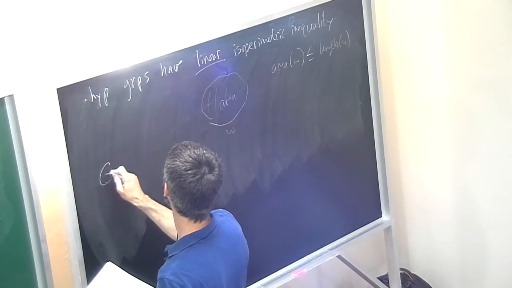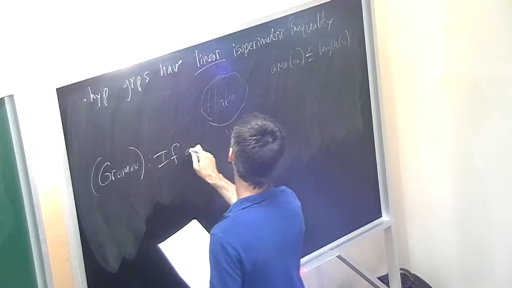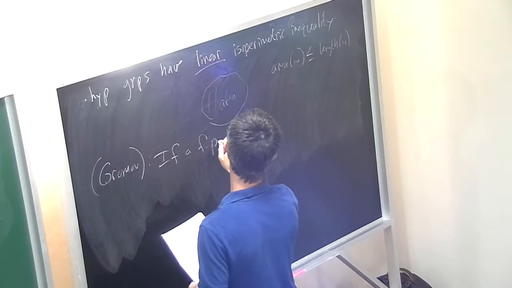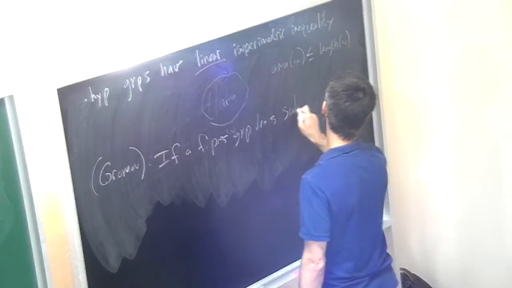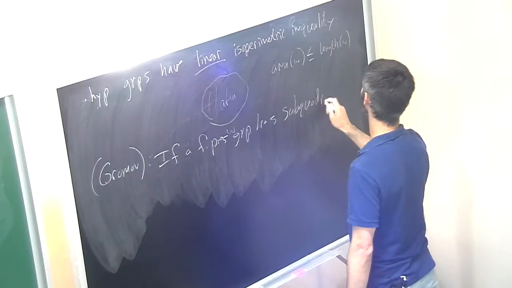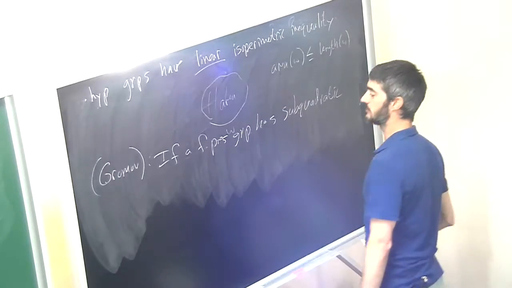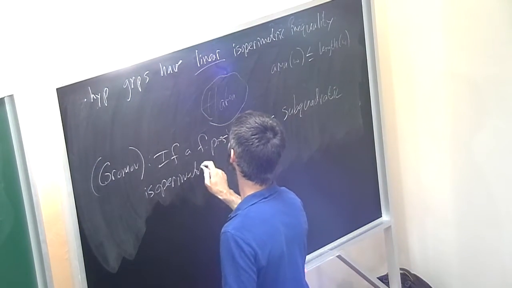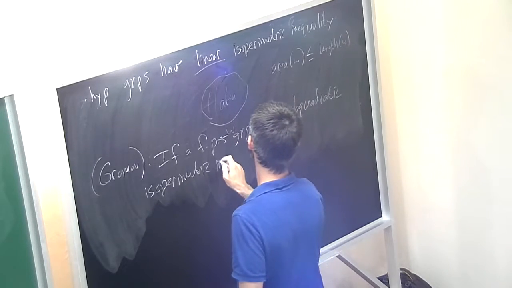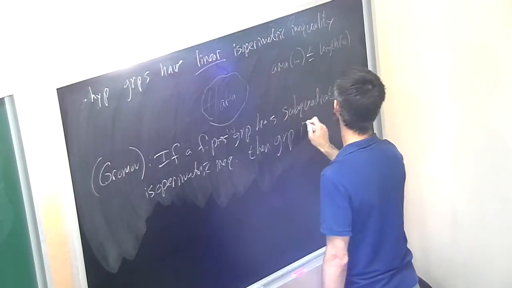And it's a theorem of Gromov that if a finitely presented group has a subquadratic isoperimetric inequality, then the group is hyperbolic.